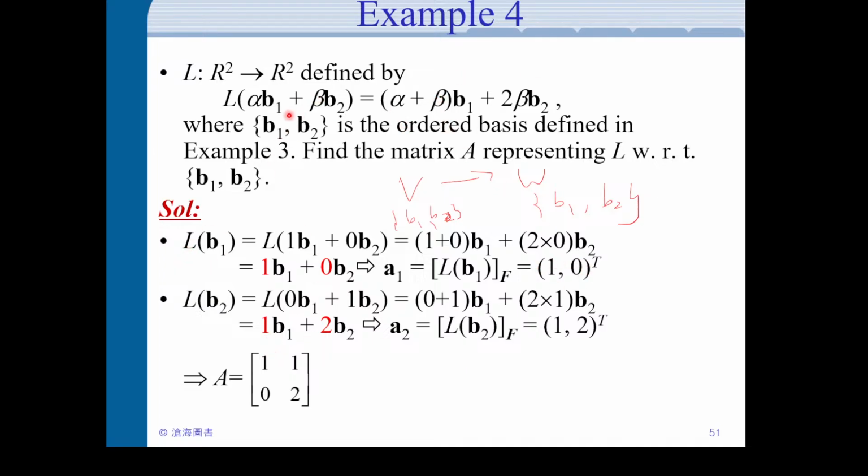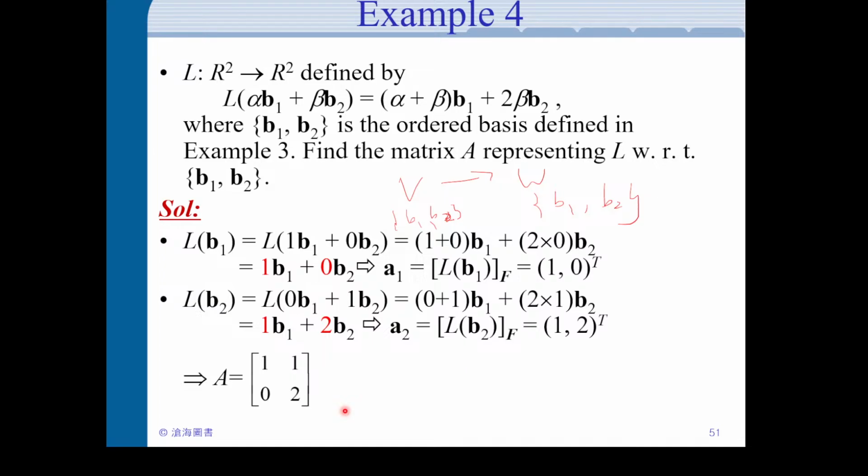For b2, alpha equals 0 and beta equals 1, and that maps to 1 b1 plus 2 b2. So the coordinate is (1, 2). As we said, we list this as the first column, (1, 0), and this as the second column, (1, 2), and we find A immediately. Okay, so those are the easy examples.